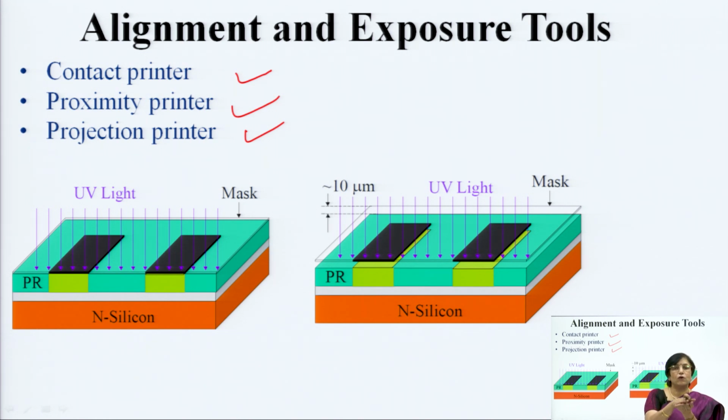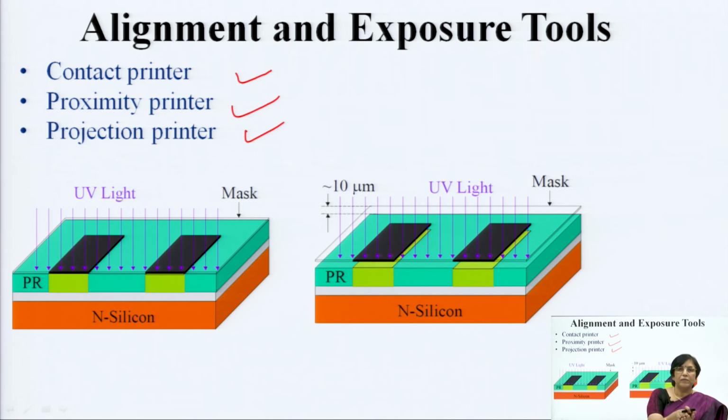But then what is the cost you have to pay for this particular technique? The mask is coming in contact with the wafer again and again, and there is deterioration or degradation. Too much handling of the mask can damage it or degrade its performance, and wear and tear will happen much faster.